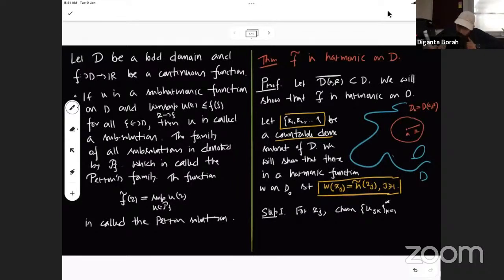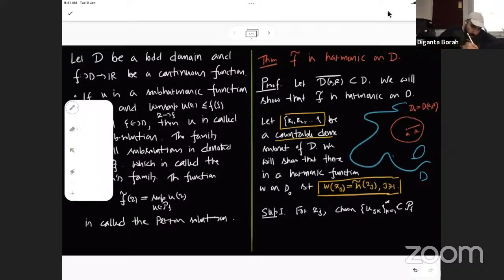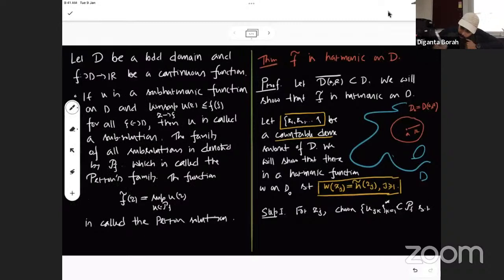This is a sequence of functions in the Perron family such that S tilde of z_j is equal to the limit of U_{z_j,k} at z_j as k goes to infinity. For each z_j, I am doing this.